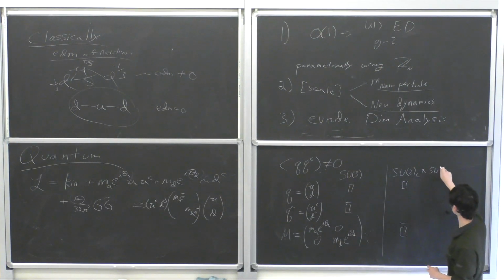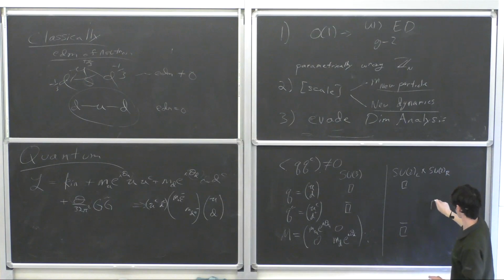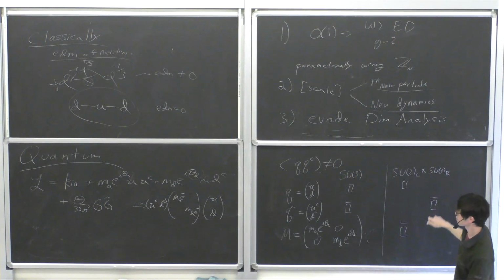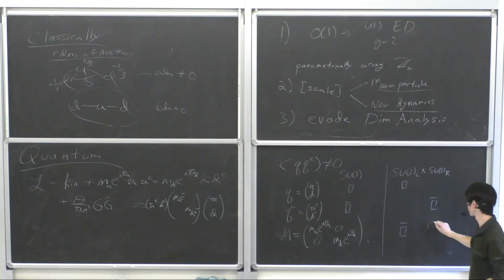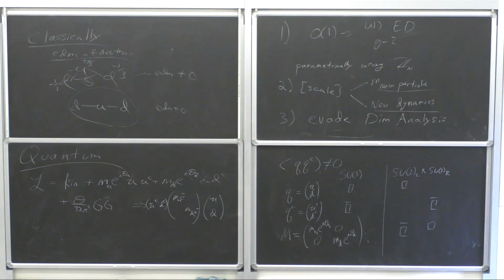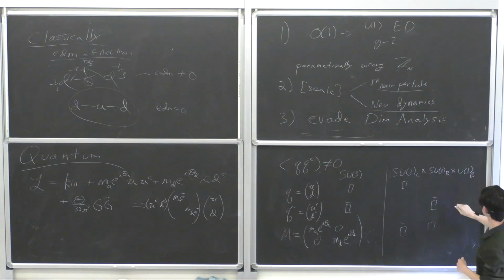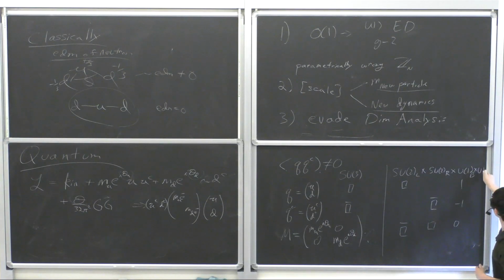We have SU2 right. I'm just going to bar it to show that it's vector like. What is that? That's a column, row vector. And this, I have U1 baryon number. So this is 1, minus 1, 0. And U1 axial, which is 1, 1, minus 2.